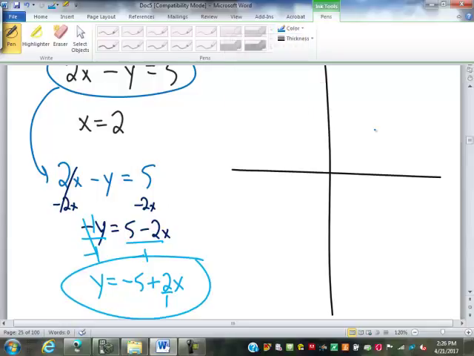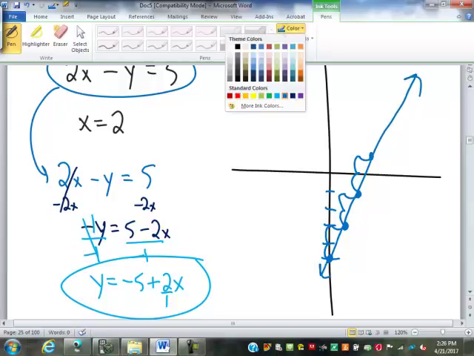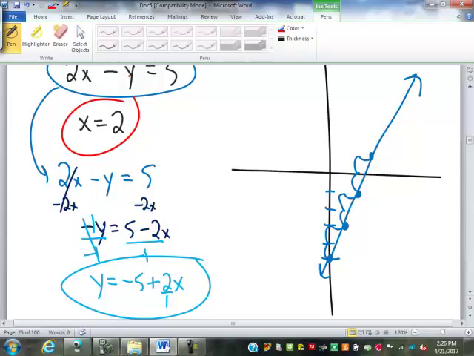So we start that out at -5, and from there we go up 2 over 1. So I've got my graph. This one, x equals 2, where does that go?